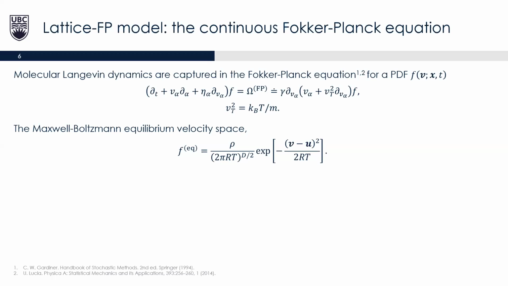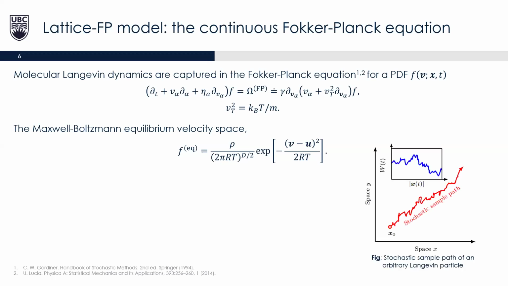In this Fokker-Planck equation, you set the strength of your noise through the thermal speed. In essence, this Fokker-Planck equation has the same equilibrium distribution as the Boltzmann equation. So effectively what you're doing is imitating the Langevin dynamics for a single particle that gives some kind of Brownian stochastic sample path.